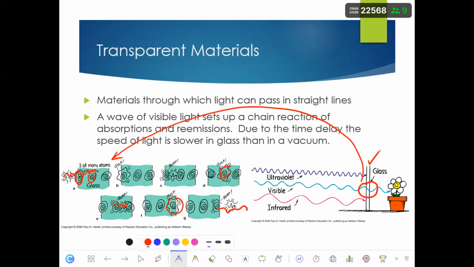The last one starts vibrating again. We have visible light at the end. This is the process of how visible light passes through the transparent material. Make sense? Did you understand the concept? What exactly happened?